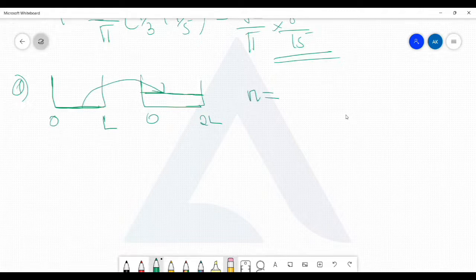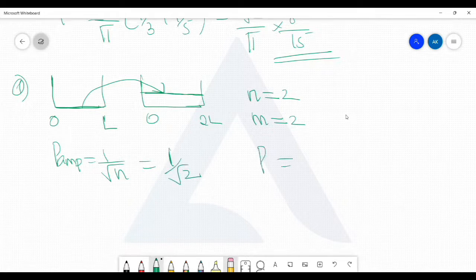Now your m is equal to 2, and n is again 2. m and n are the same. Then the probability amplitude will be 1 by root n, that is 1 by root 2. So the probability will be 1 by root 2 squared, that is 1 by 2.